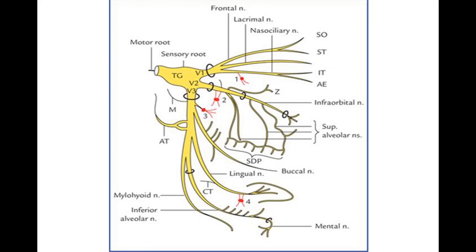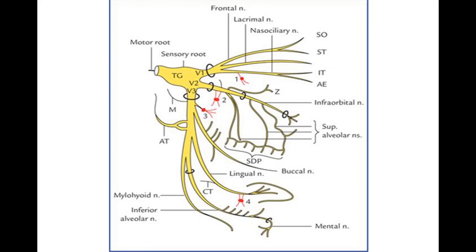As I said, it has only two types of innervation: the sensory, that is afferent, the general somatic afferent, and then one more is special visceral efferent. So I repeat, only two functional components are with this nerve.